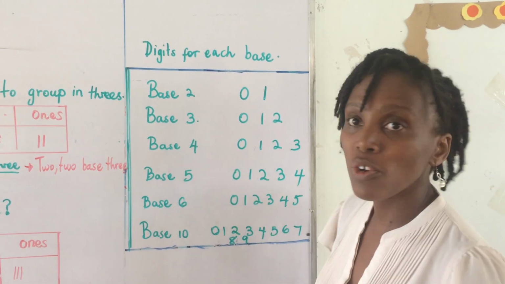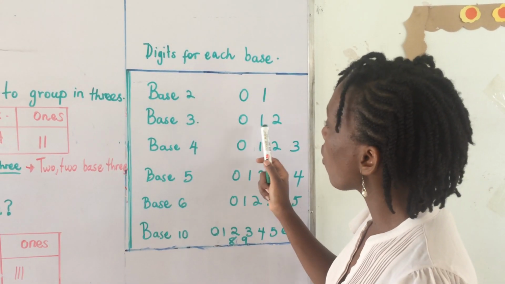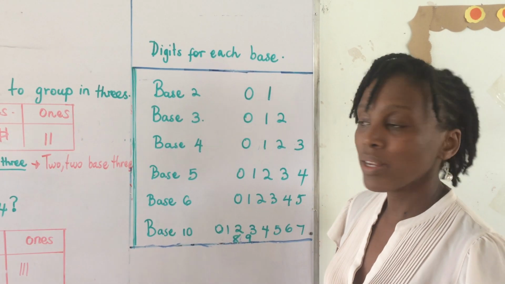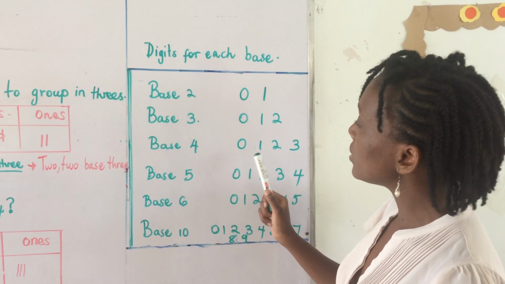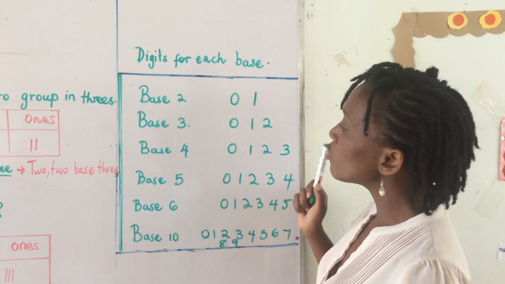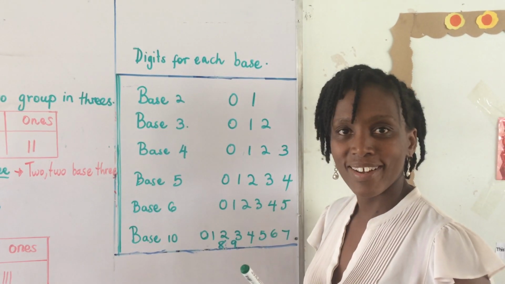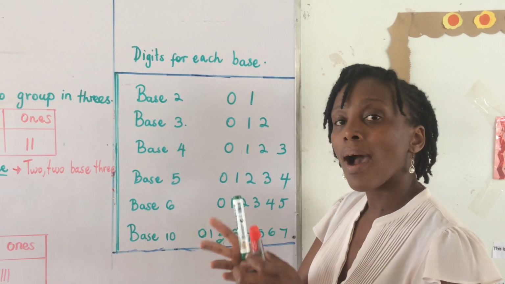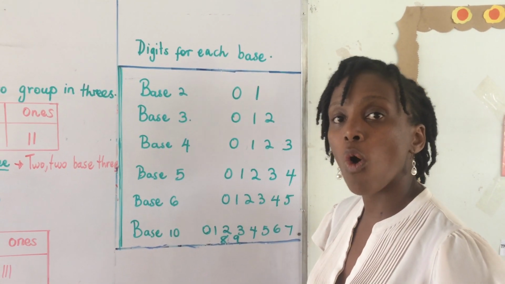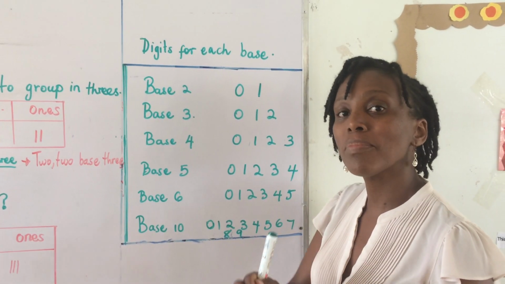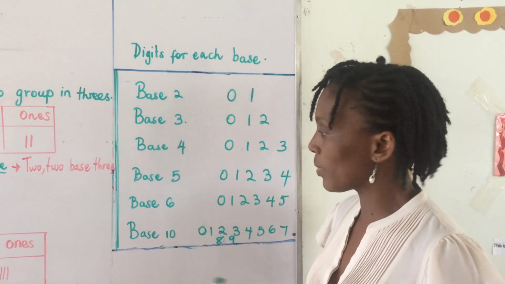In base 3, you'll only use digits 0, 1, and 2. In base 4, you'll only use digits 0, 1, 2, and 3. Because once you make a bundle of 4, that becomes 1 group of 4 and no 1. So that will be represented in a different way.